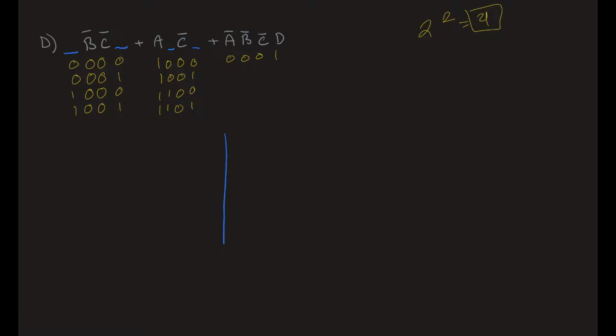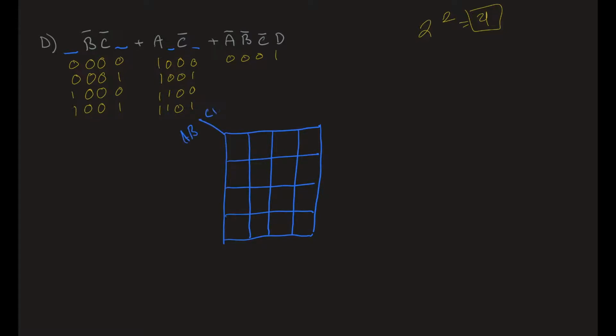All we need to do now is draw out our 4 variable K-map. So again, that's a square, cut in half 3 times each side. Alright, A, B, C, D, 0, 0, 0, 1, 1, 1, 1, 0, 0, 0, 0, 1, 1, 1, 1, 0.